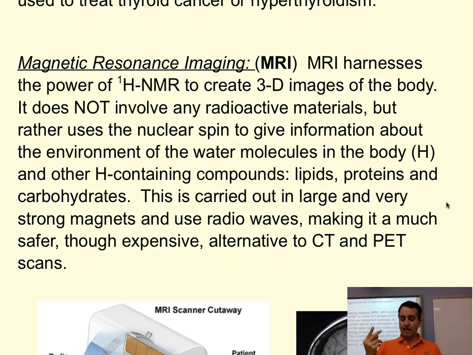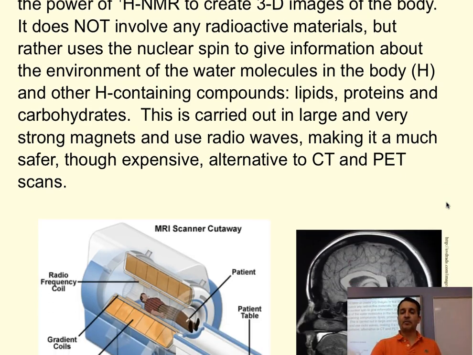Now, those nuclei are in hydrogen atoms that may be in water molecules or other compounds that contain hydrogen. Pretty much every compound in the body contains hydrogen. And so we can get an idea of the different environments, and from that create a three-dimensional image of the process.